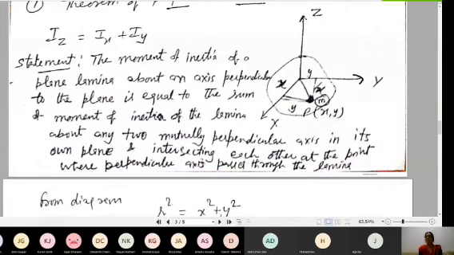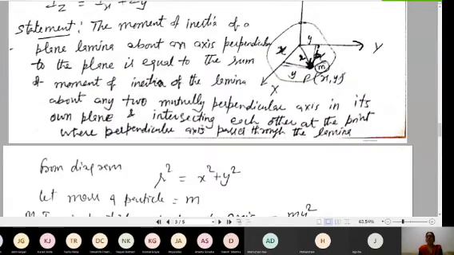You complete the parallelogram, drawing the perpendiculars on the x-axis and y-axis. If I take r as the position vector, then r square can be written as x square plus y square. If the mass of the particle is small m, then if I want to find the moment of inertia about the y-axis, this is the y-axis.